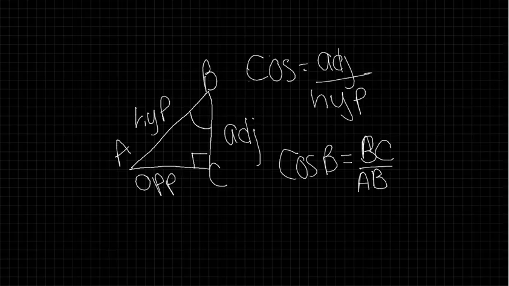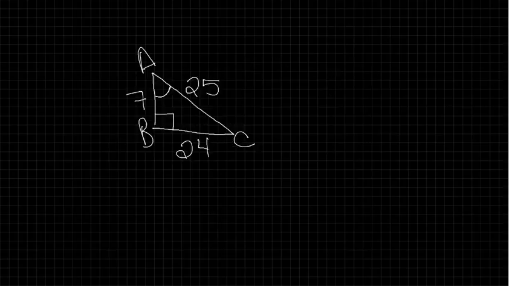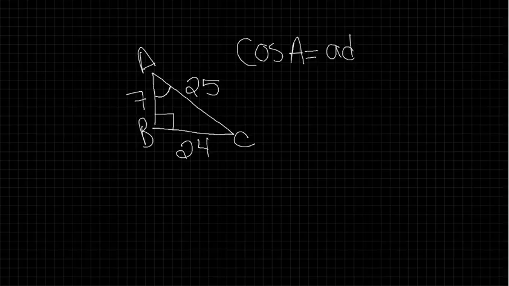And so if we were actually given a triangle with side lengths, we would be able to find a specific number that would be our cosine. So in this triangle ABC, we have side lengths 7, 24, and 25. And if we want to find, as marked here, we have angle A, then we will find cosine of angle A to still be our adjacent over hypotenuse.